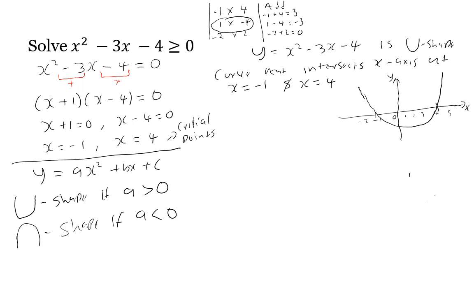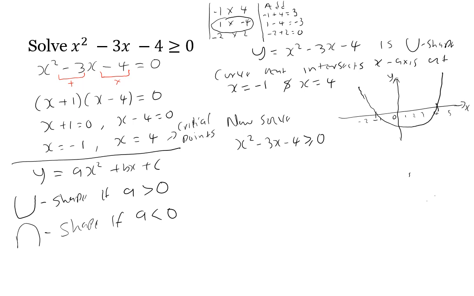Then we look at our problem. The problem we want to solve is x squared minus 3x minus 4 is greater than or equal to 0. So we look at where in our curve it is greater than or equal to 0.